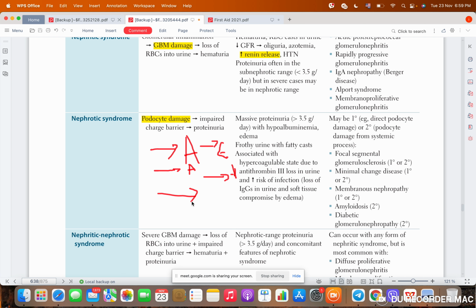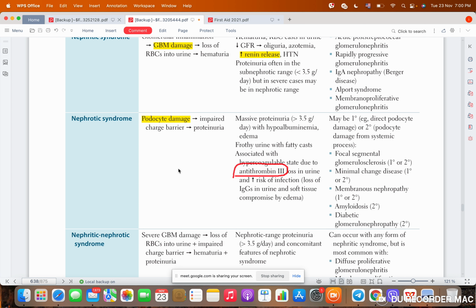The third protein we lost is antithrombin 3. What is this antithrombin 3? I will speak a lot about it in hematology, but for now I want you to know that there is a good guy called antithrombin, and that guy is a hypocoagulable particle, which should prevent your body from doing coagulation. This antithrombin is killing the thrombin.